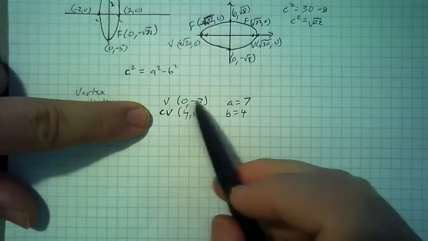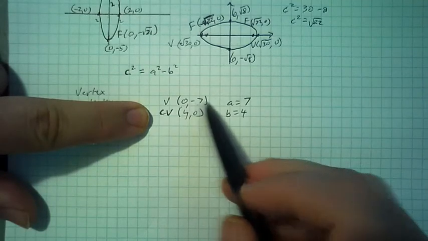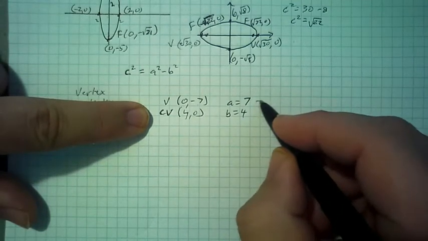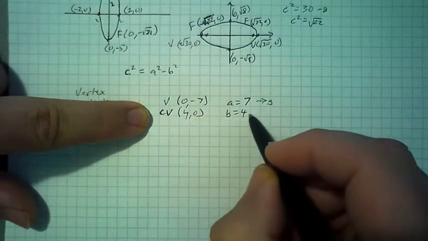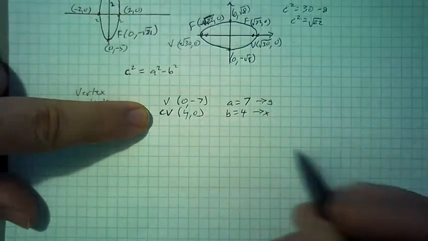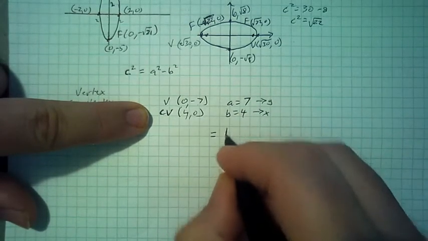The other thing I see is that the vertex is in the y direction, it's down, which means the a is going to be underneath the y. The co-vertex is to the right, so it's going to be underneath the x. And that's actually all the information I need, because the standard form has a 1 on the other side.